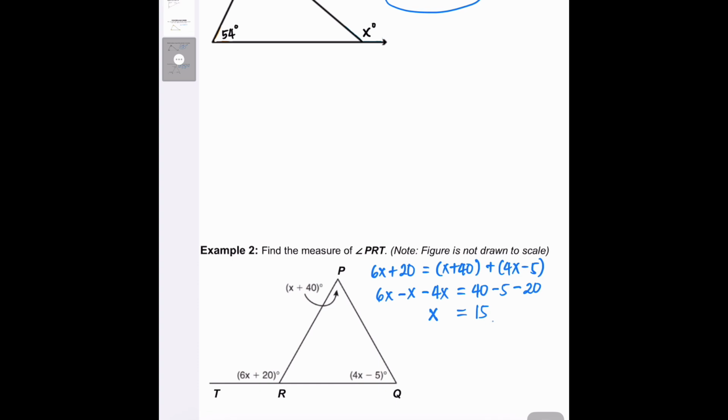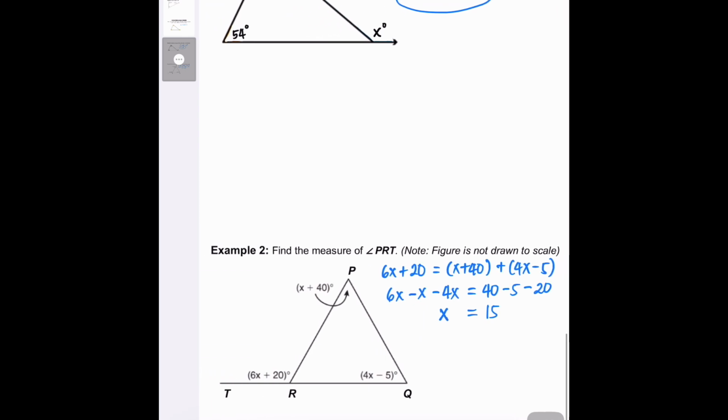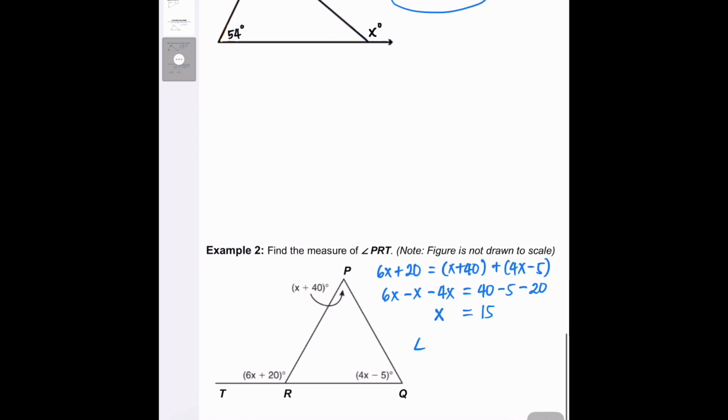However, the process doesn't stop here because the question is finding the measure of angle PRT. And we know from the diagram that angle PRT is equal to 6x plus 20 degrees. So in order to find the measure of angle PRT, we simply plug in the value of x that we got into the expression.